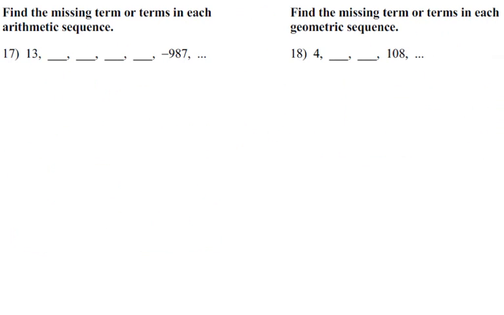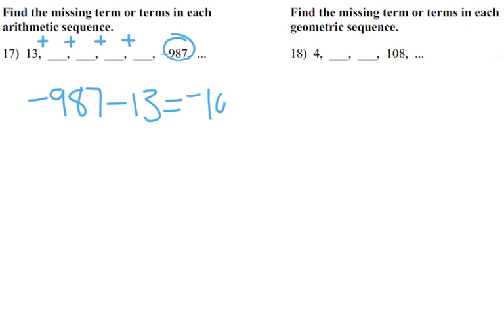Okay. Now, this is for the arithmetic means and geometric means. Okay. So remember, for the process is you take the last number, and because this is arithmetic, we know we're adding each time. So I do the opposite. I take negative 987 and I subtract 13 from it to get me negative 1000. Okay. Now we've got to figure out how many jumps we've got.